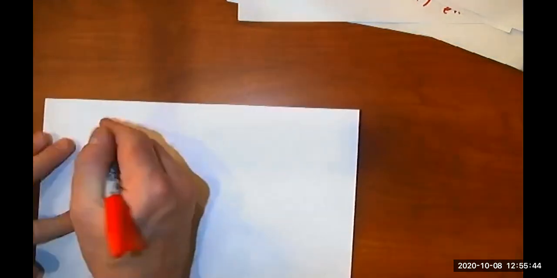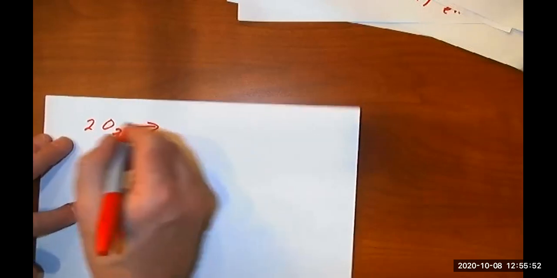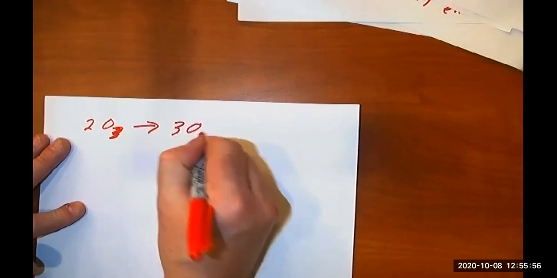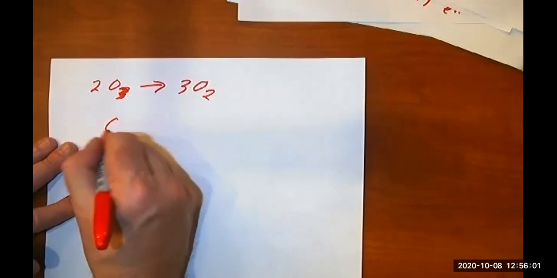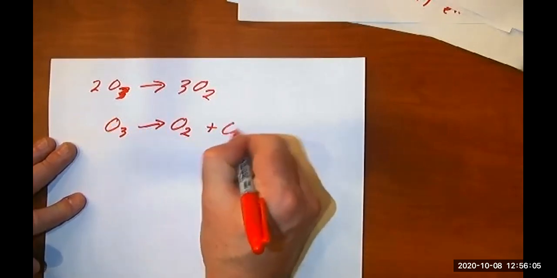So we're going to look at the decomposition of ozone. 2 ozone molecules, that's O3, goes to 3 O2 molecules. Step 1: O3 goes to O2 plus an oxygen atom.